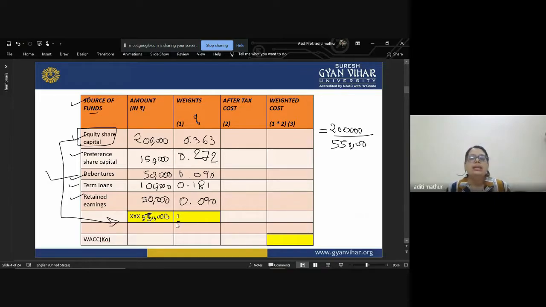So that means that we have identified the proportion of a particular security in overall capital of the firm.